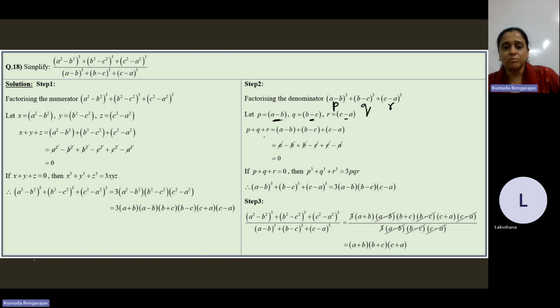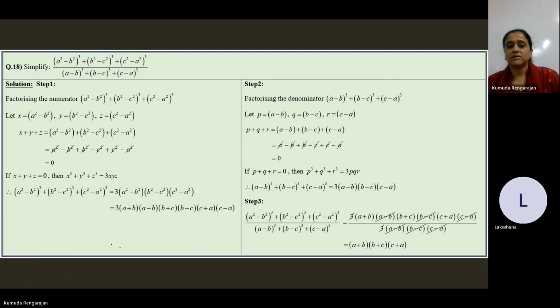So find p plus q plus r. p plus q plus r is 0. So p cubed plus q cubed plus r cubed is equal to 3pqr. Same identity, we're just using pqr, because here we said x is a squared minus b squared, and again in the same answer x is a minus b. You will get marks, but we're just trying to differentiate. That's all.